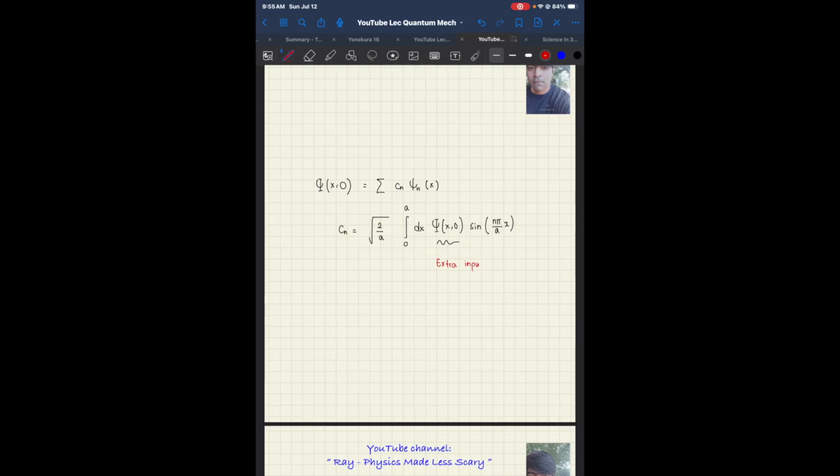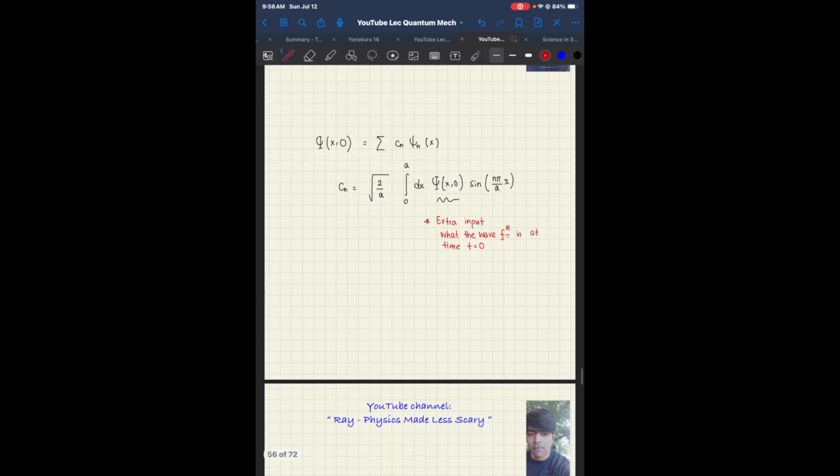The maths doesn't tell you what the wave function is at time t equal to 0. This needs to be given by the experimentalist or whatever from outside. It cannot be derived from math. This is like the boundary condition or the initial data, because this specifies the state at t equal to 0, right?